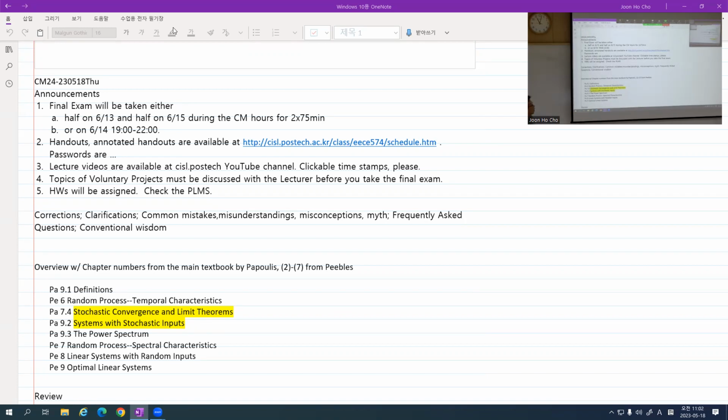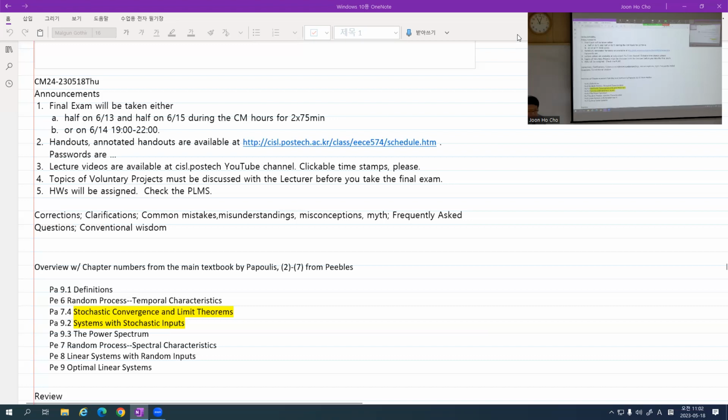So if you have any conflict with either the first or the second option, please let me know as soon as possible. Got it? Handouts and videos are available from our primary webpage, and homework is not yet assigned, but will be assigned soon. And the fourth announcement is related to the topics of voluntary projects.